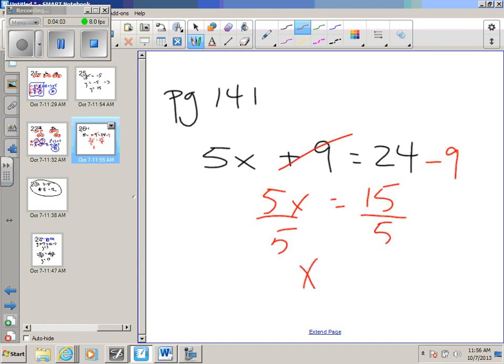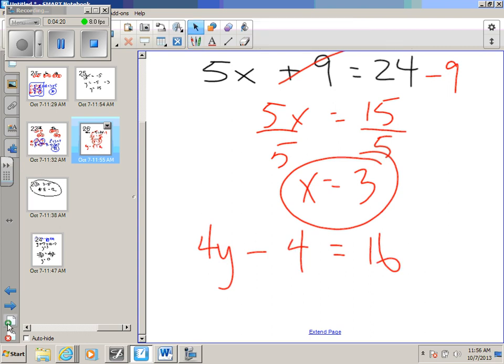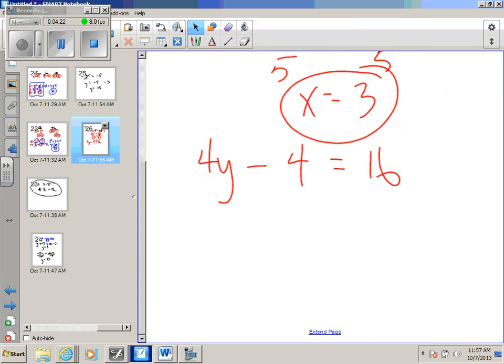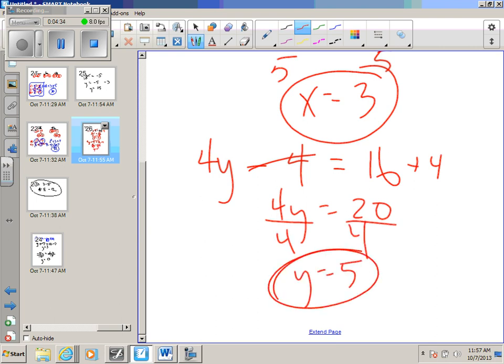X equals... try it. Y equals 5. You got it? Why? Good.